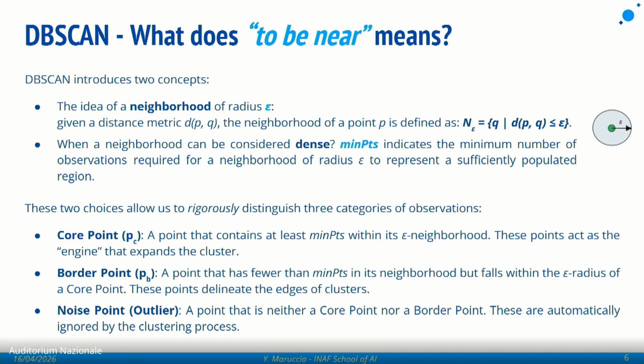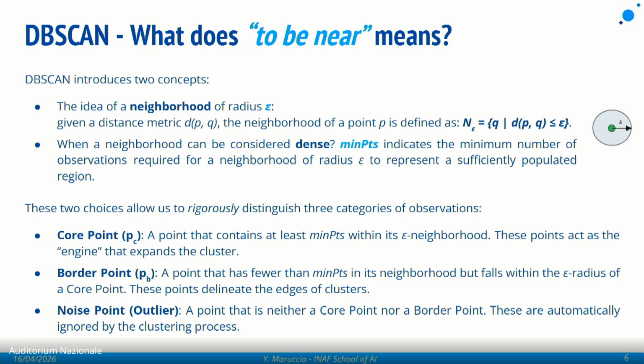But before understanding how DBSCAN works mathematically, we also have to introduce three other concepts: the core point, the border point, and the noise point. The difference with the k-means is that not all the points are considered within a cluster.